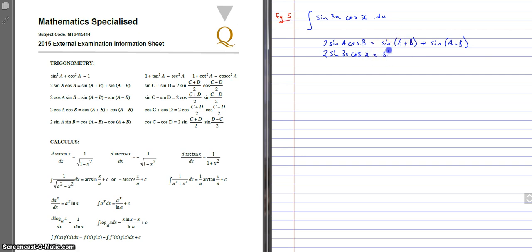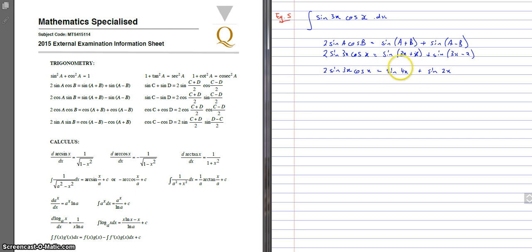We can now write it as sine, our A is 3x, so that's 3x plus B, which is x, plus sine 3x minus x. Okay, so we have then, just simplifying that a little further, 2 sine 3x cos x equaling sine 4x plus sine 2x.